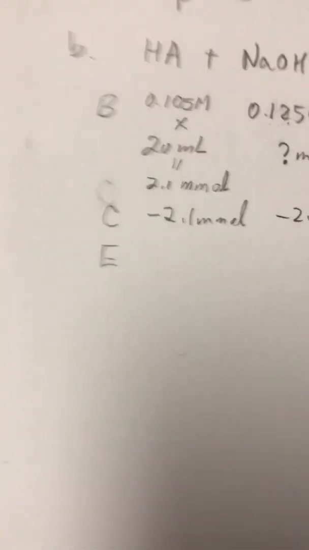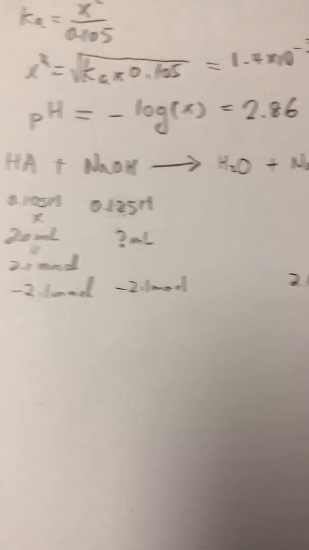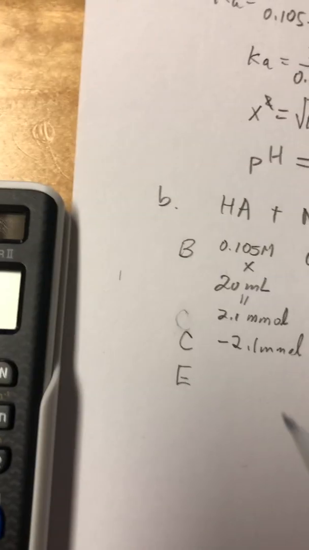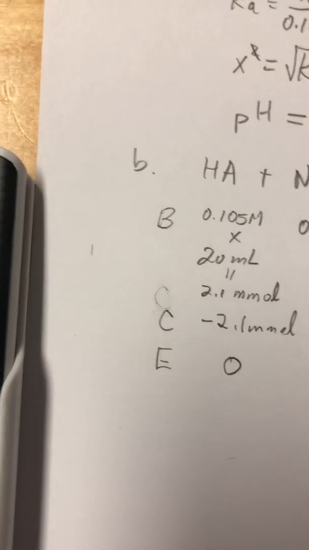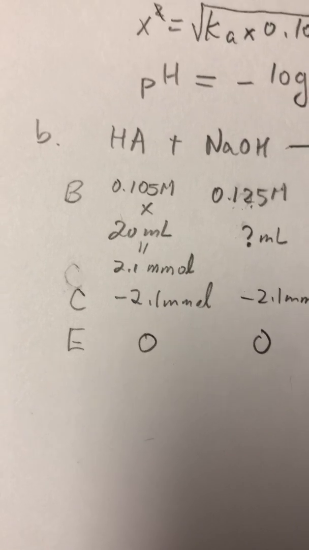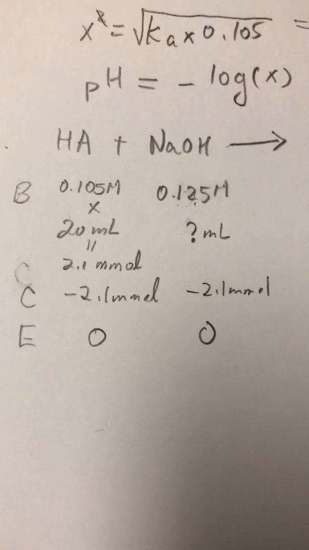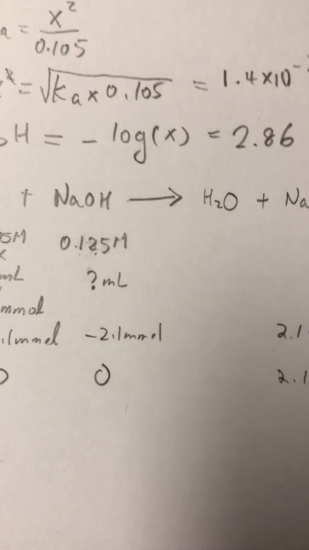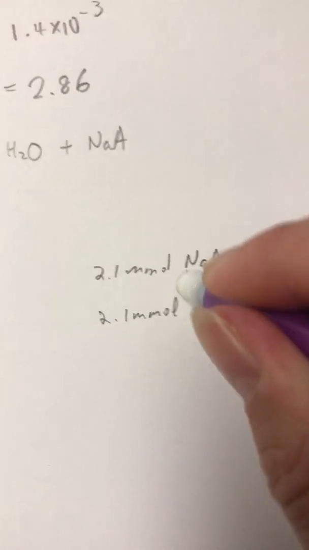This E is at the end. After this single arrow chemical reaction is complete, you should have 0, 0 left here. This is 2.1 millimole sodium A. We already have written them on top. Let's just erase this sodium A here.